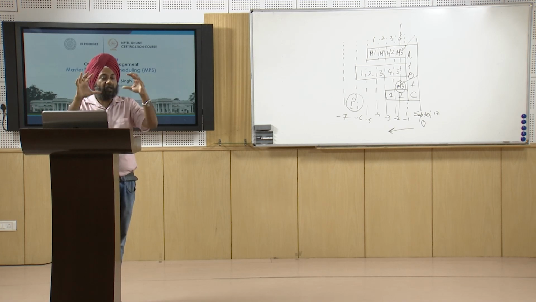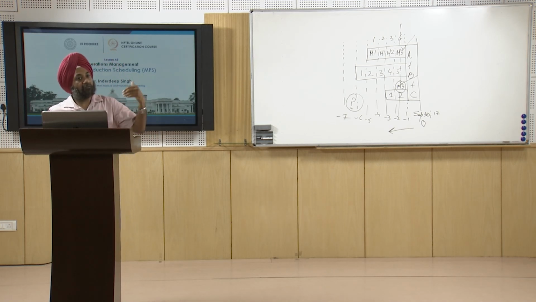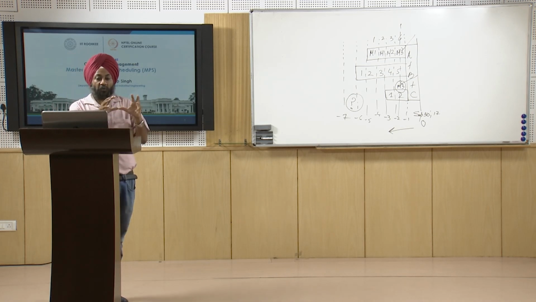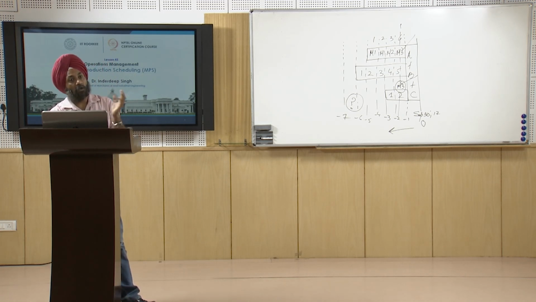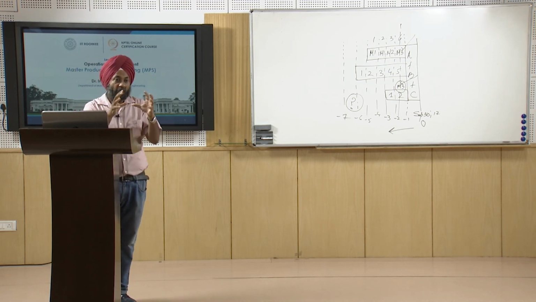We have to translate that demand now into actual action, where we plan our shop floor operations in a way that we are able to satisfy the demand for that particular month. So it will help us translate the aggregate plan into specified end items. How the conversion will take place is the actual actionable output of the master production schedule.